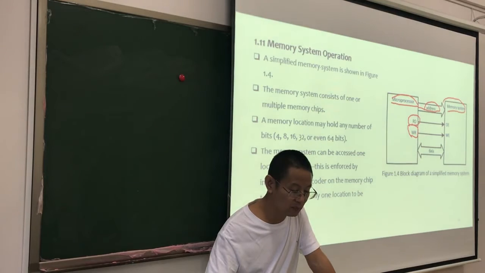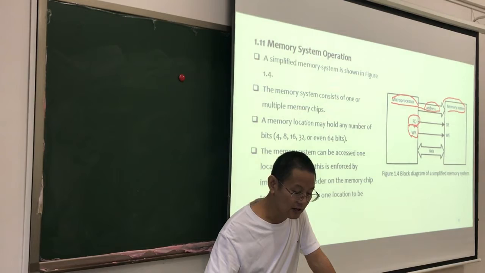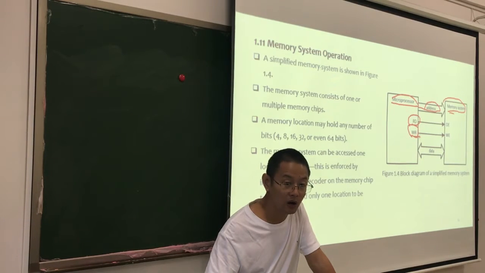When the microprocessor reads, it gives the signal RD to the memory. Or when the microprocessor wants to write, it gives the WR signal to the memory system. Then the memory system allows the microprocessor to read or write the address and get the data.